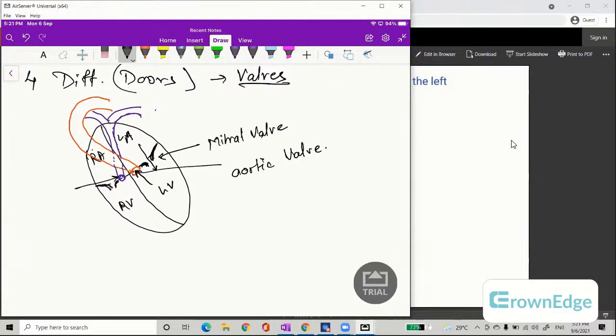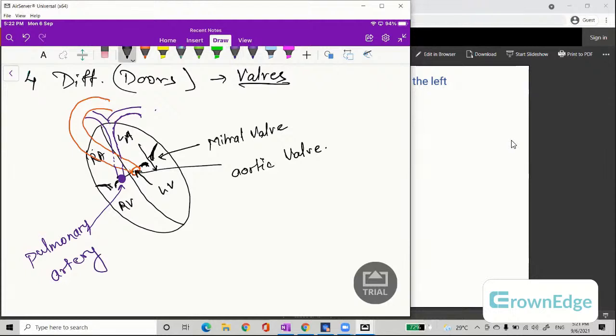And over here there will be a valve which will go from the right ventricle into the lungs. There will be the presence of this blue colored vessel, and that will be your pulmonary artery. It is known as an artery, remember, but it is carrying deoxygenated blood.